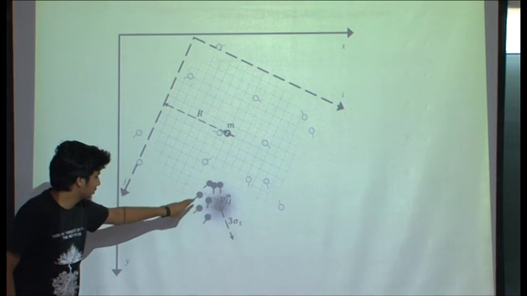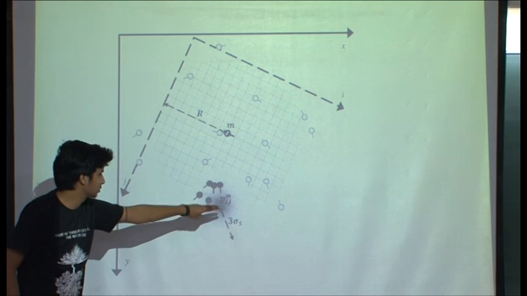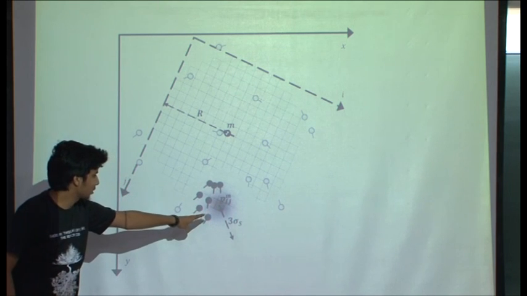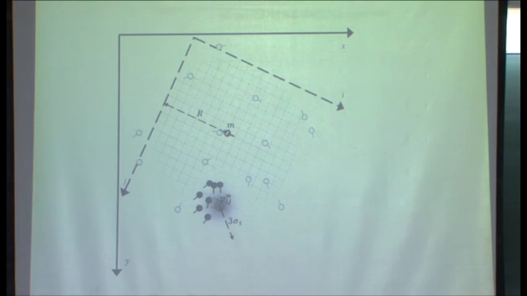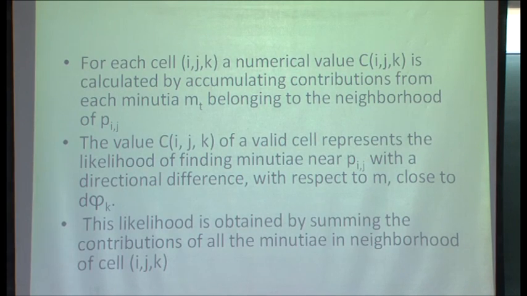The minutia points painted black are the neighborhood of the cell. For each cell, we calculate a numerical value which represents the relationship between this cell and its neighboring minutia. This relationship is essentially the likelihood of finding a minutia near Pij with a directional difference which is close to the angle of the cell.